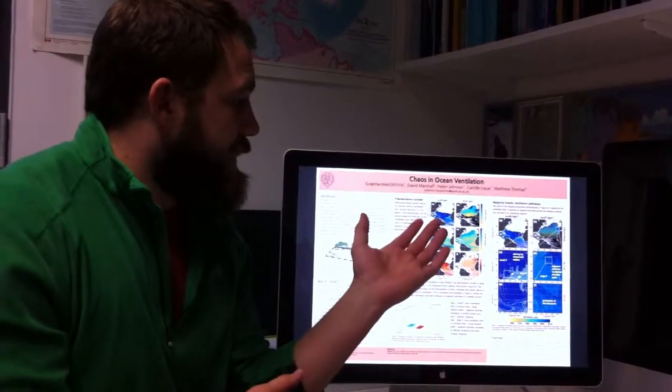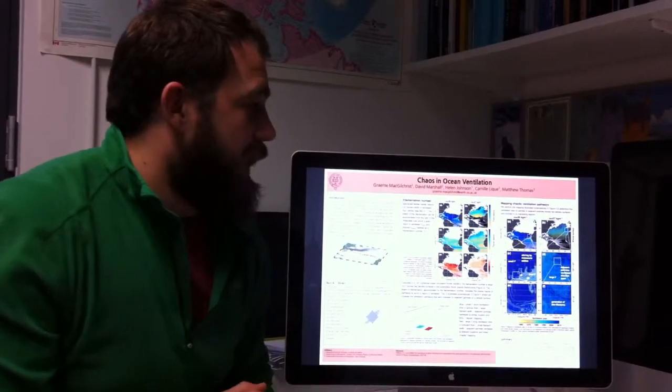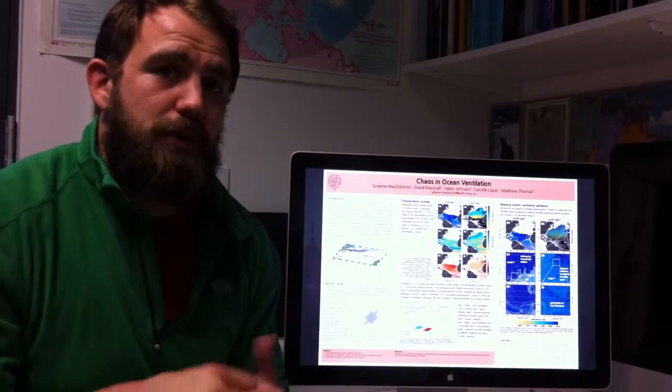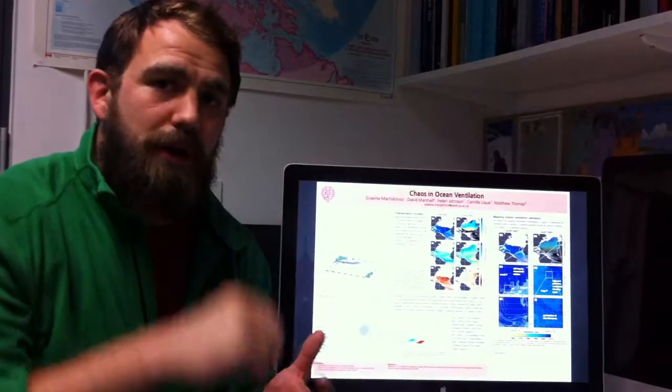And that's what this figure here, figure 3, shows. So in the top panel we have the ventilation age, which is worked out by tracking parcels of water or particles back to the surface and determining how old they are.